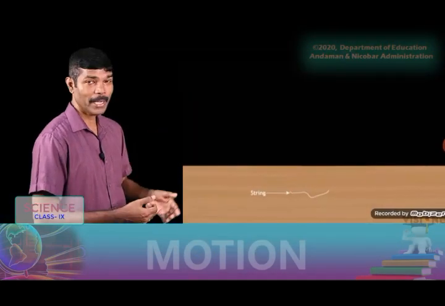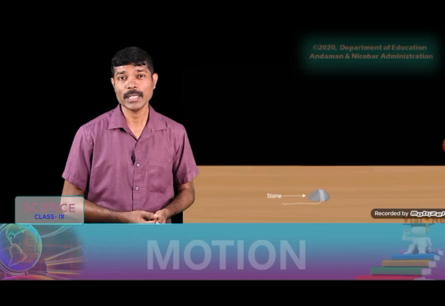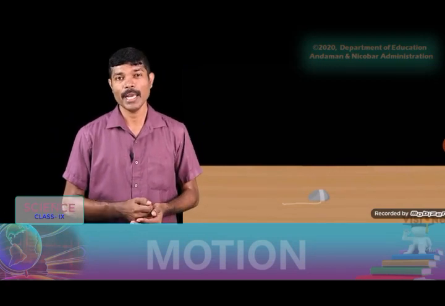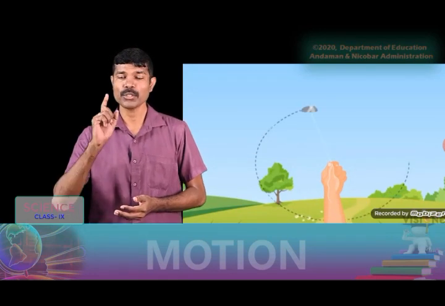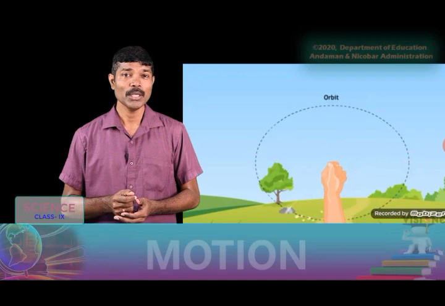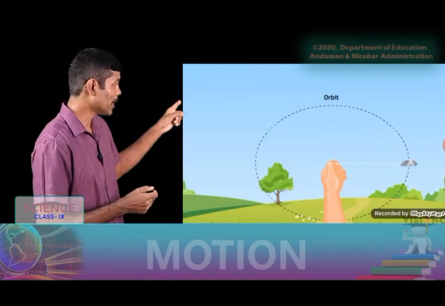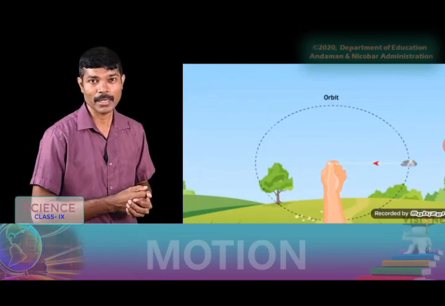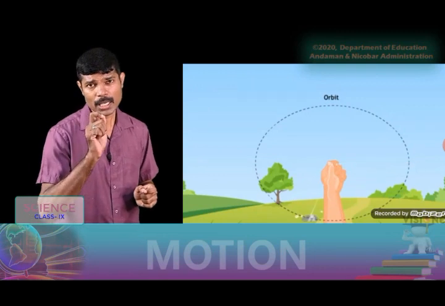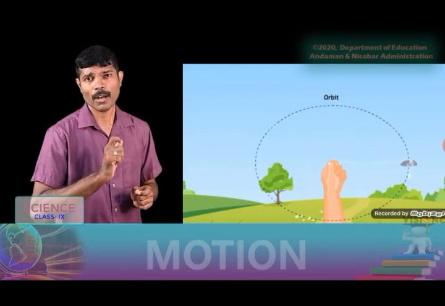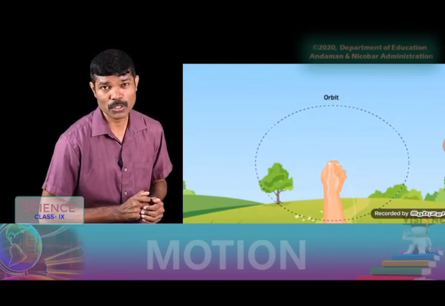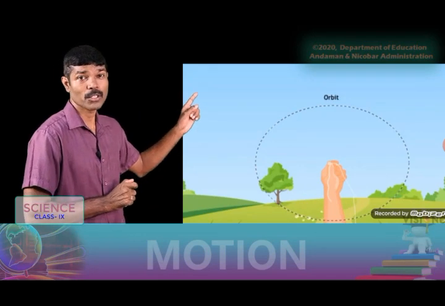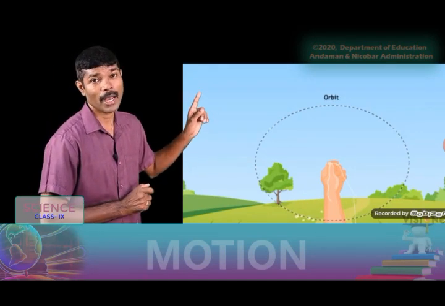Now look at the clip here. Here a stone is tied with a string and allowed to rotate. When the string is rotated, then you can find that the stone is revolving, and you can observe circular motion here. Here in this case, at each interval of time, the object changes its direction, so we can say that the stone is in acceleration.